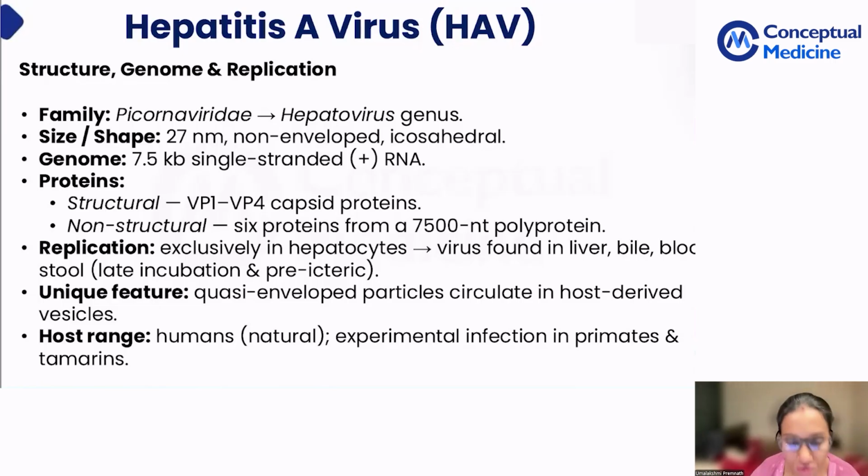Replication is in the hepatocytes, but you don't have any extrahepatic reservoir for hepatitis A. For hepatitis B, you have extrahepatic reservoirs also. That is why even if you do a liver transplant for a hepatitis B patient, there are extrahepatic reservoirs, for example the pancreas, the lymph nodes, the spleen, the bone marrow.